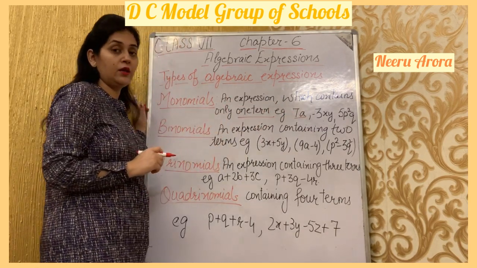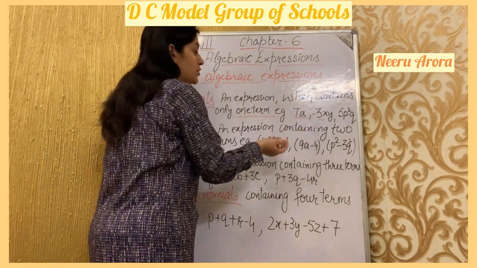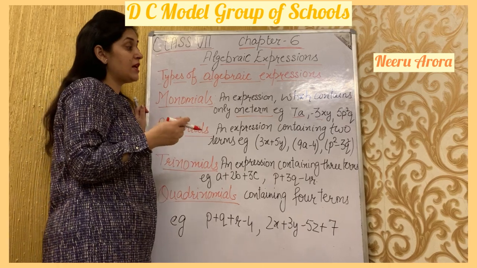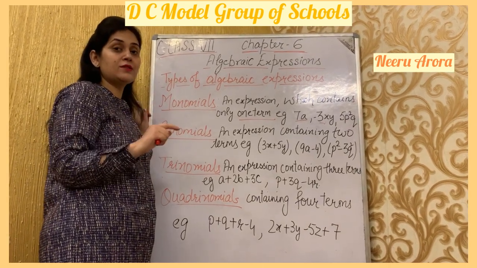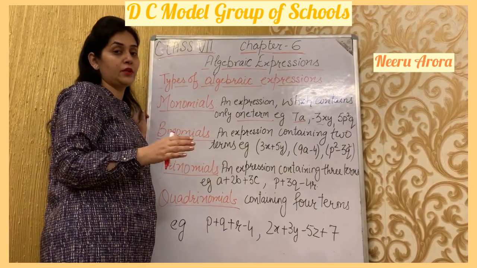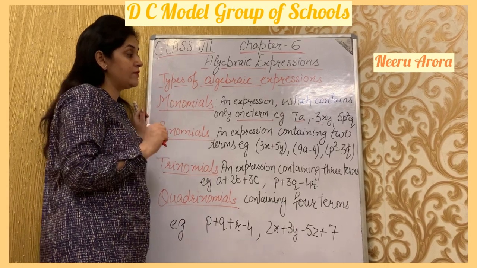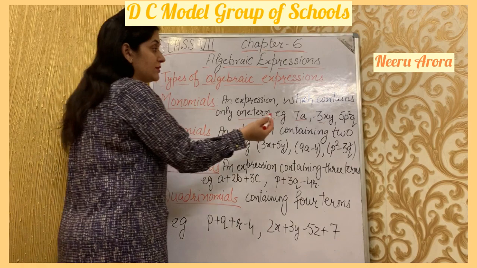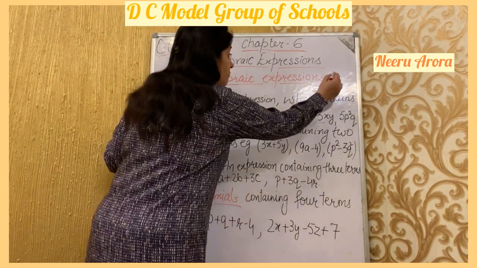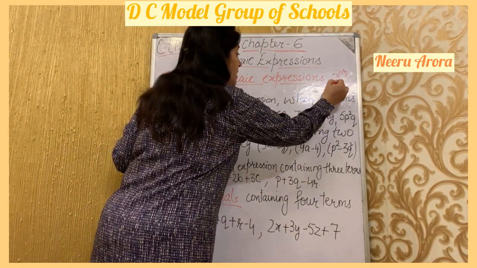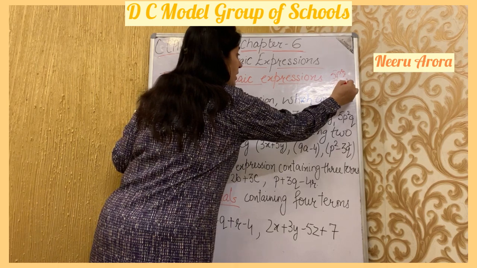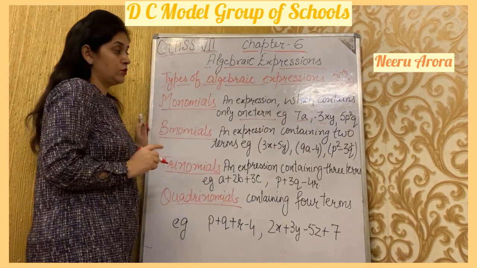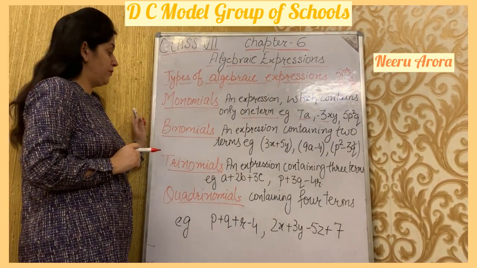Minus 3xy, it's again single term. As I told you that terms are separated by only plus minus. Terms are not separated by multiplication and division sign. 5p square q. Now what does this mean? It means 5 multiplied by p square multiplied by q. So this is also single term.